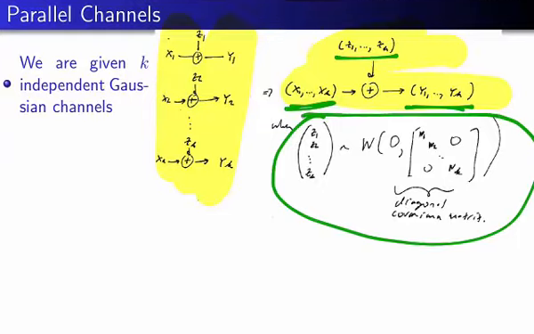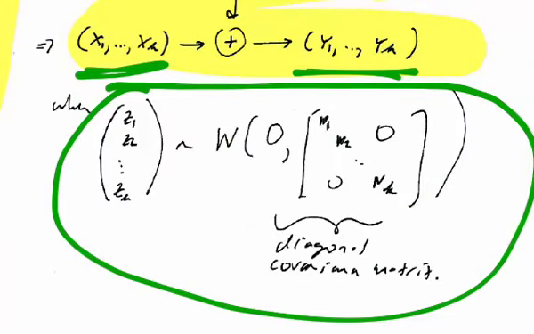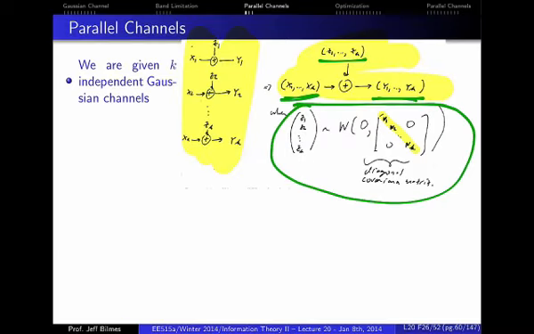And again, it's a diagonal covariance Gaussian. So these are the only non-zero entries; everything else is zero off the diagonal. Okay, and we're interested in understanding the capacity of this.